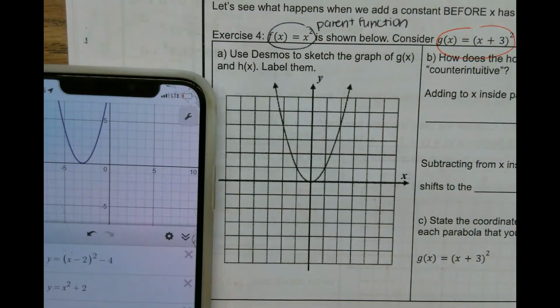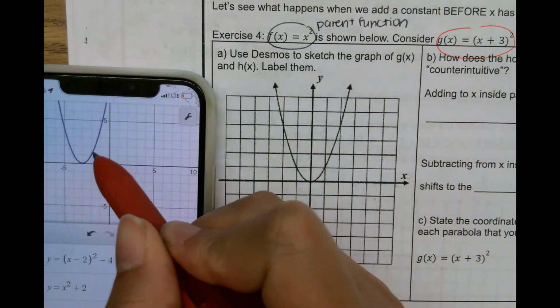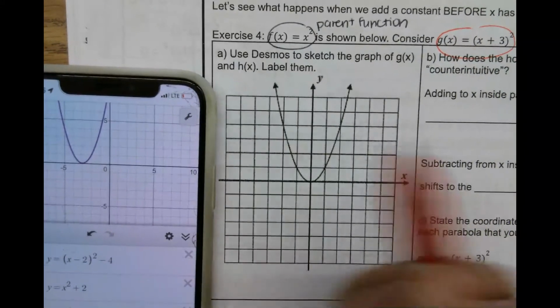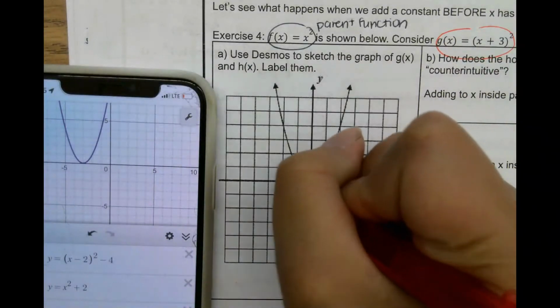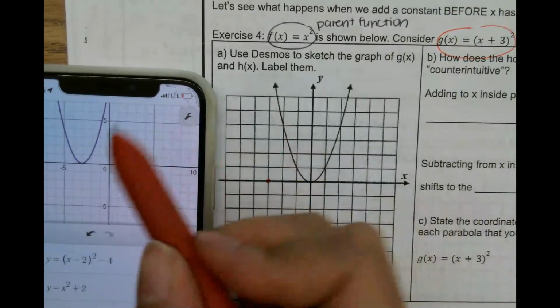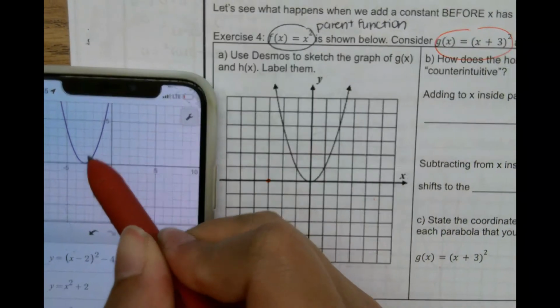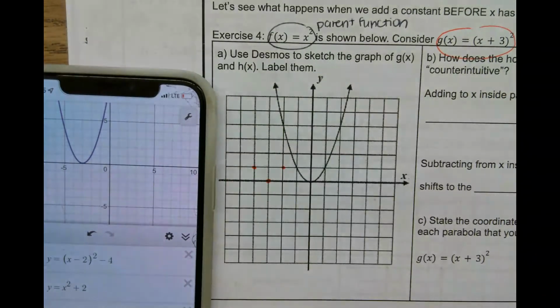We're going to graph g of x equals (x plus 3) squared here. I use Desmos to help me sketch it. I notice that the vertex is at 0, negative 3. The next clear point I see is negative 2, 1, and then mirror it over using the axis of symmetry.